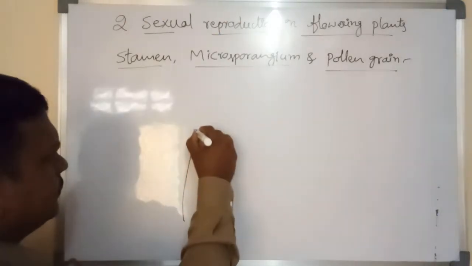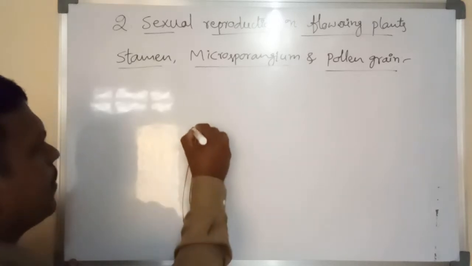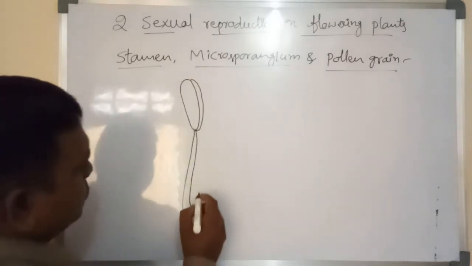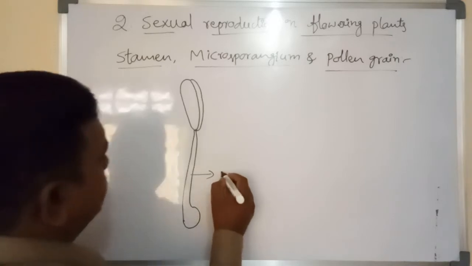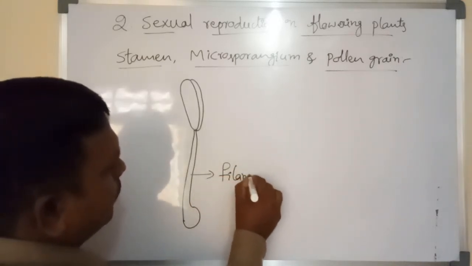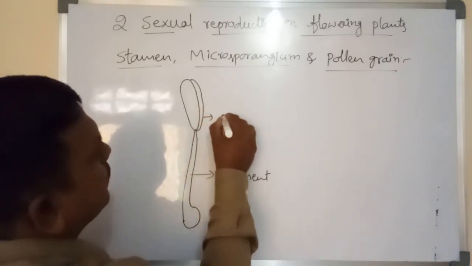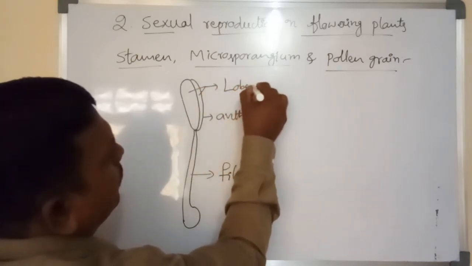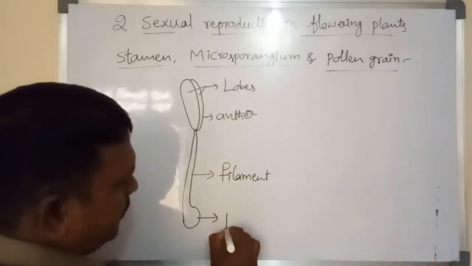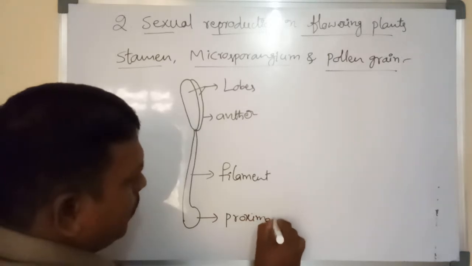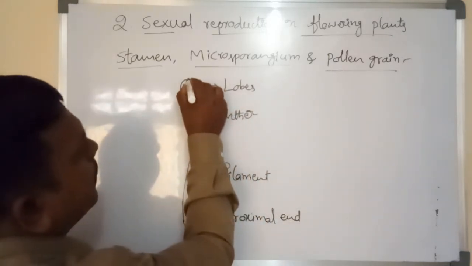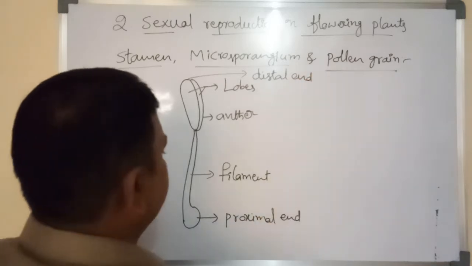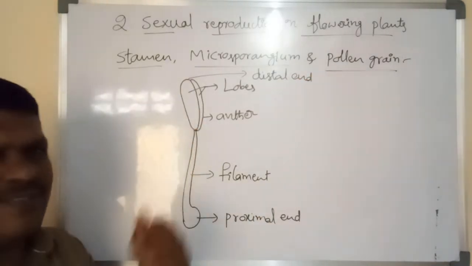Go through the rough diagram: filament, anther, lobes, proximal end, distal end, etc. This is the structure of stamen.